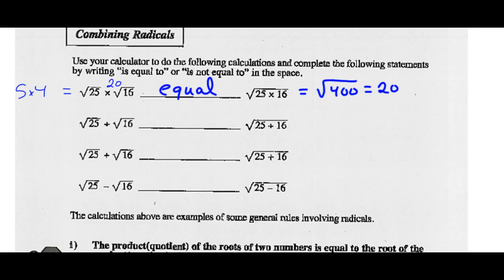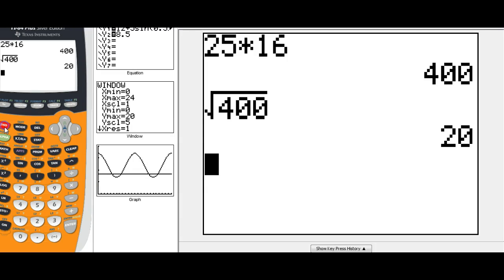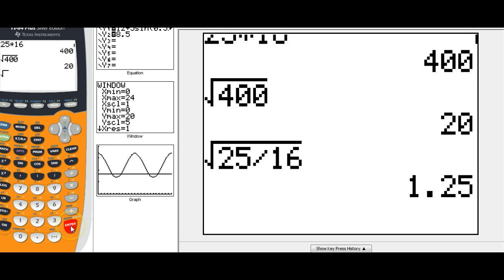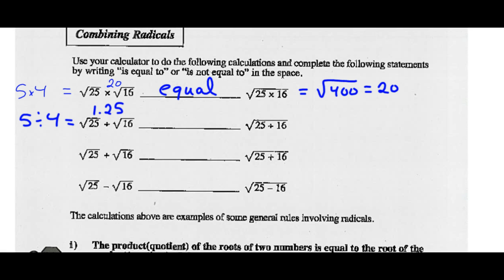Square root of 25 divided by the square root of 16. Well, square root of 25 is 5 divided by the square root of 16, which is 4. So 5 divided by 4 is 1.25, 5 quarters. The square root of 25/16 then, we actually just have to do that with our calculators. The square root of 25 divided by 16 will give us 1.25.